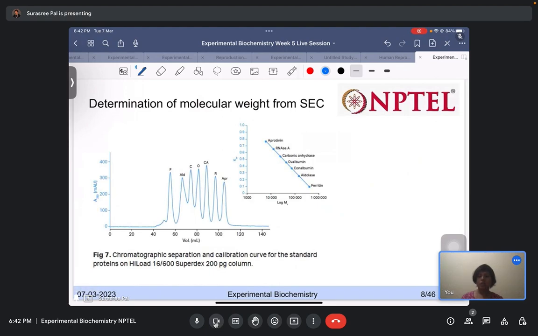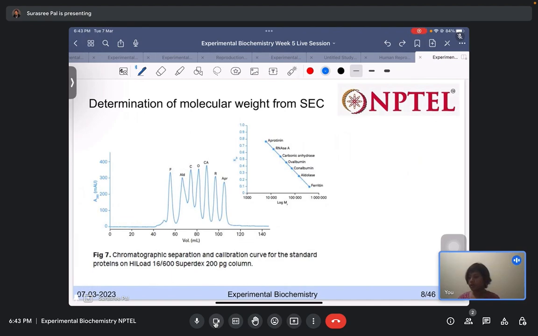So actually there is a standard curve for every size exclusion column. And how is this standard curve or calibration curve made? We take several known proteins whose molecular weights are known.